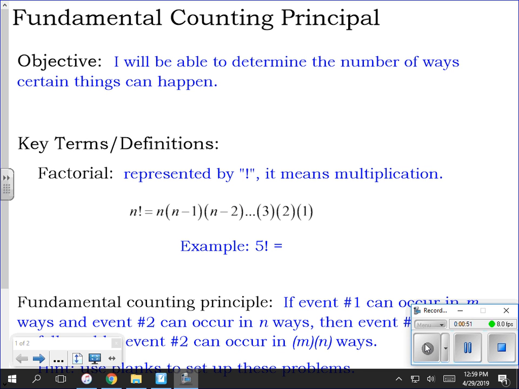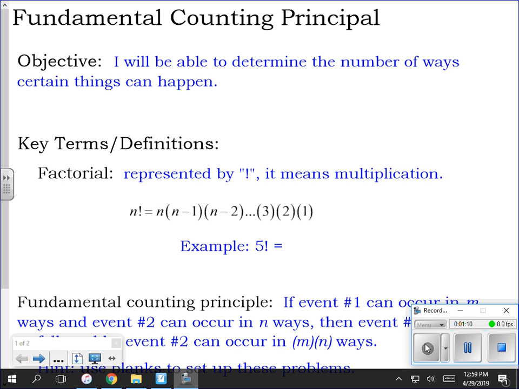So we have a couple of things. First of all, factorials. And factorials are on your calculators. Okay, so a factorial is represented by an exclamation mark. It means multiplication.